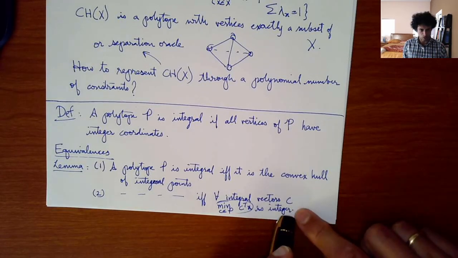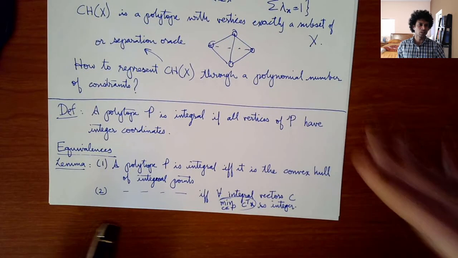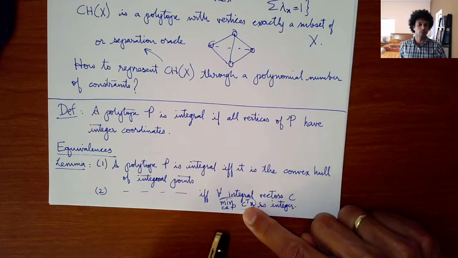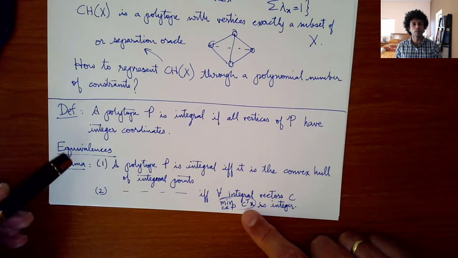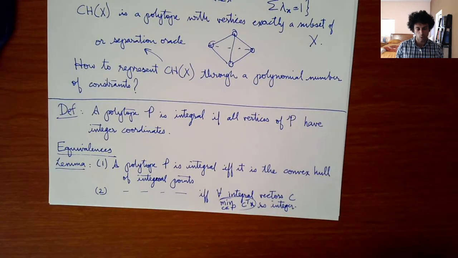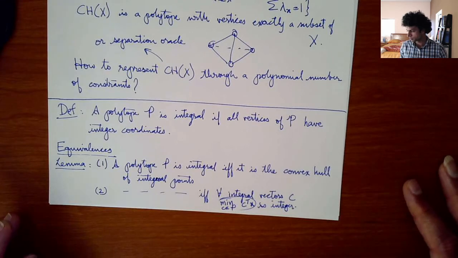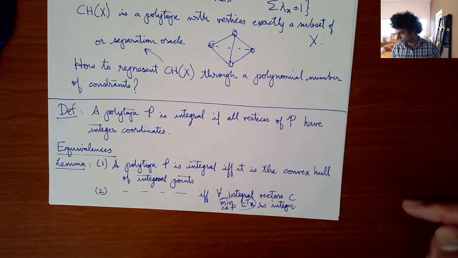The nice thing about the lemma's part 2 is that you don't have to think about the actual point, as long as you can argue that the objective value is an integer. But interestingly, you can prove that it's equivalent to showing that all the vertices have integer coordinates. Any questions about what I've said so far? Any questions? Right?